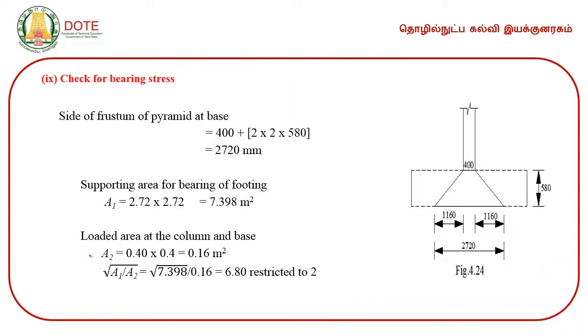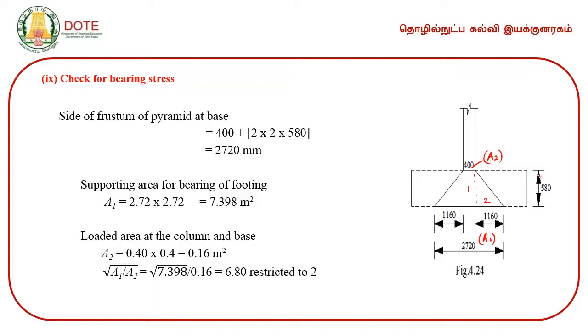And check for bearing stress. So, this is A1 area, and here this is A2 area. Now, the side of the frustum of pyramid at the base, of course, this is the overall depth, and this slope is, if this is 1, this is 2. Of course, the sketch is not appropriate and is not drawn with dimensions, but the slope is 1 to 2.